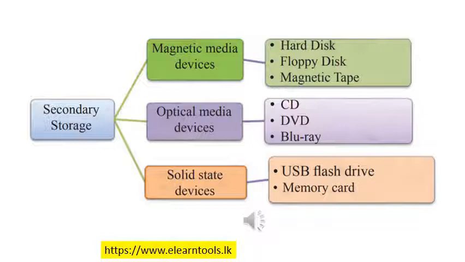Then another type of secondary storage device is solid state devices, for example USB flash drives and memory cards. And SSD hard disks also belong to this category.